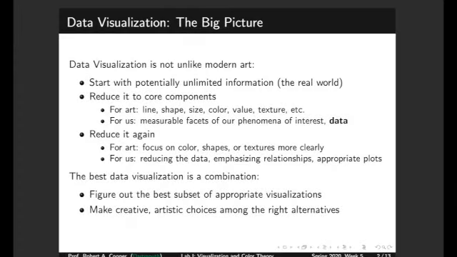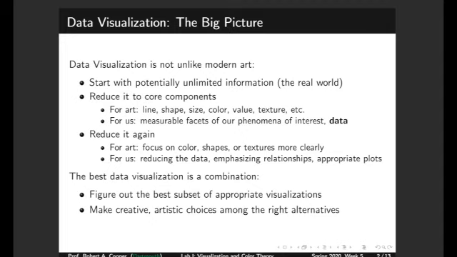What we're really doing with visualization is we are starting with unlimited, multidimensional information about the real world, and then we are simplifying it and reducing it to some core components.